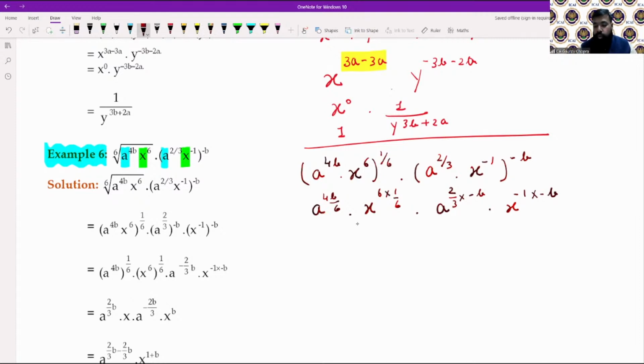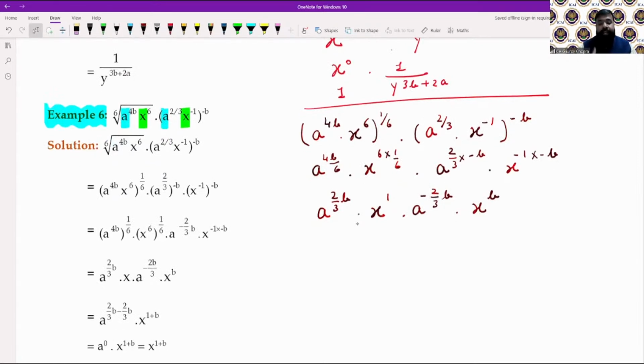So what will it become? A to the power of 4 upon 6 can be cancelled and it becomes 2 by 3b. Then x to the power of 1 because 6 and 6 got cancelled. Then a to the power of minus 2 by 3b and then x to the power of b.